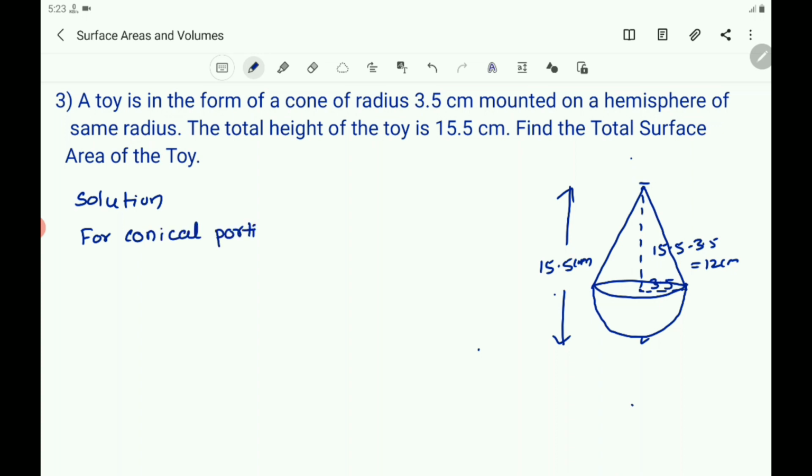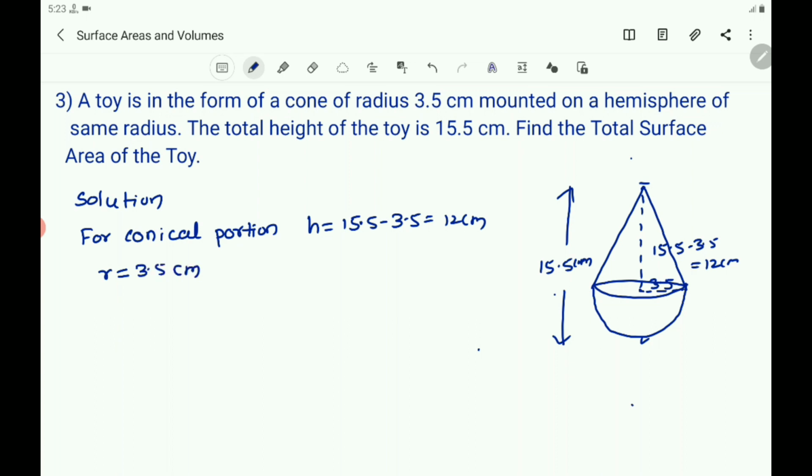For the conical portion, what is H? H equals 15.5 minus 3.5, that equals 12 centimeter, and R is given, that is 3.5 centimeter.